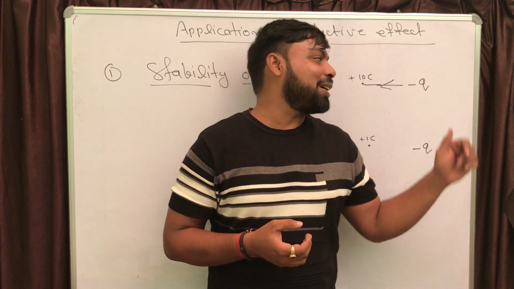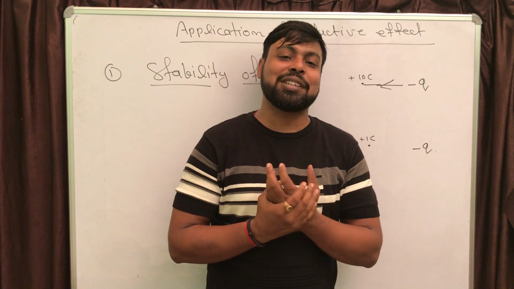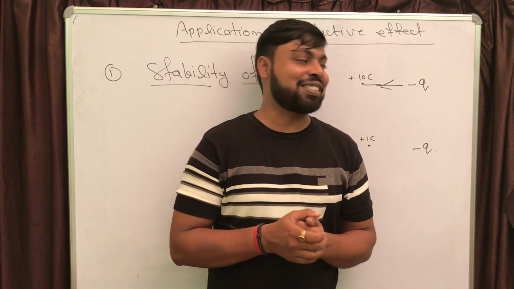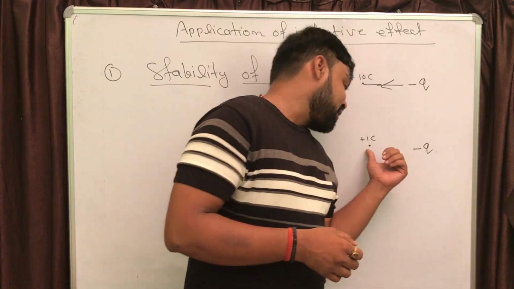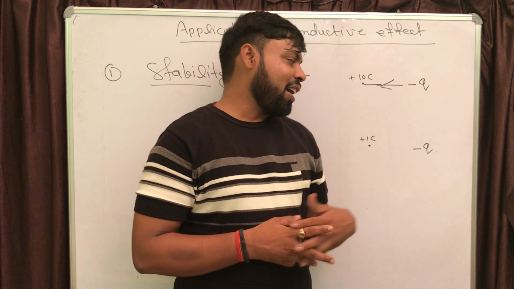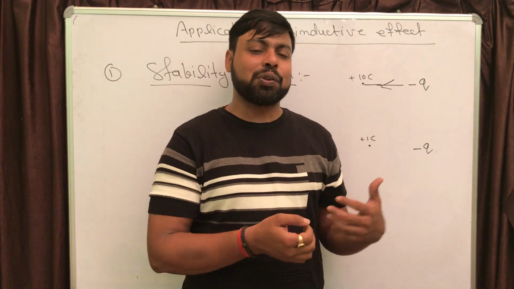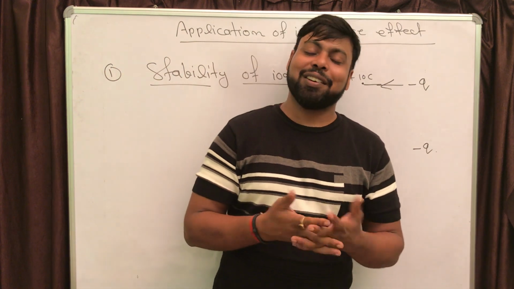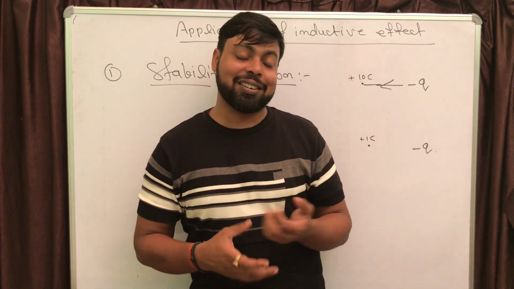The moment this minus q charge will collide with 10 coulomb charge, the identity of 10 coulomb charge is going to be lost. While the electric field of 1 coulomb charge is going to be weak, and it will apply very less force on this minus q charge as compared to plus 10 coulomb charge.